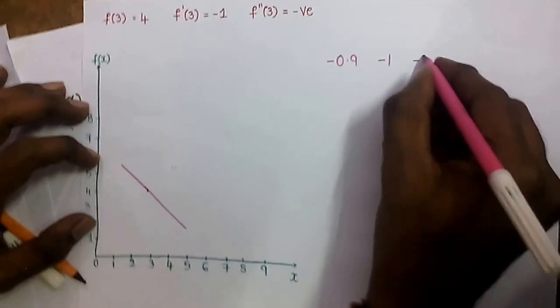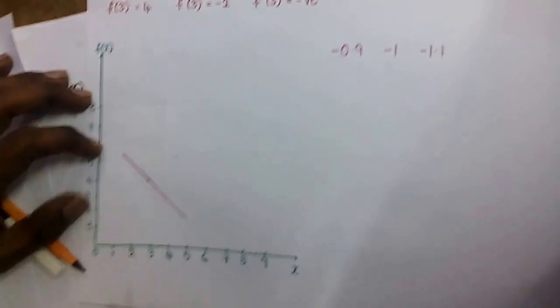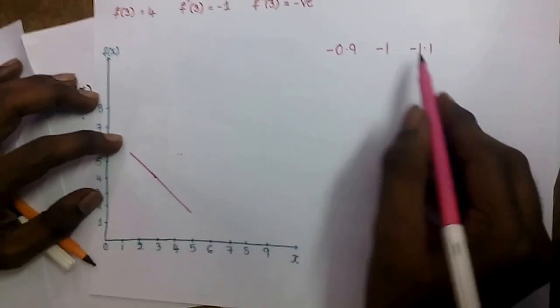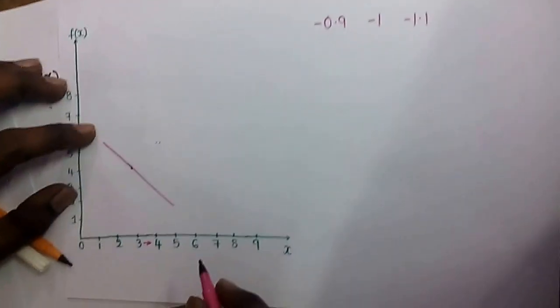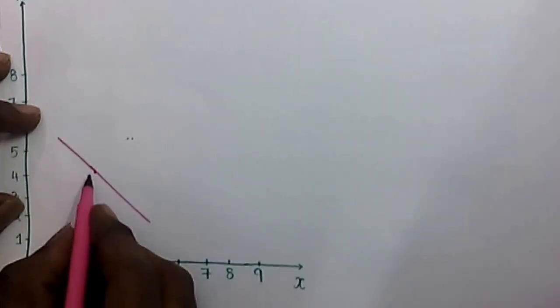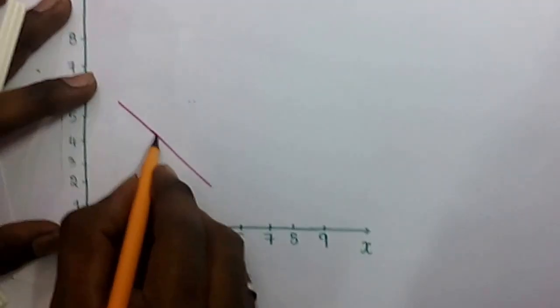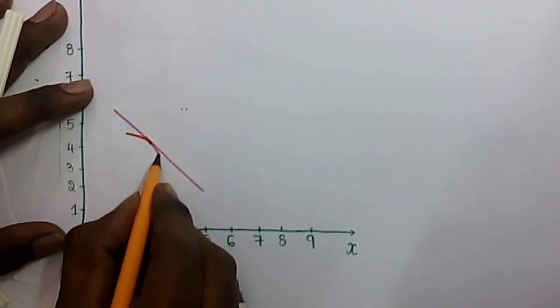So minus 0.9, minus 1, minus 1.1. So when x is greater than 3, the tangents are more steep, and when x is less than 3, the tangents are less steep. So the graph is going to look something like this, right?